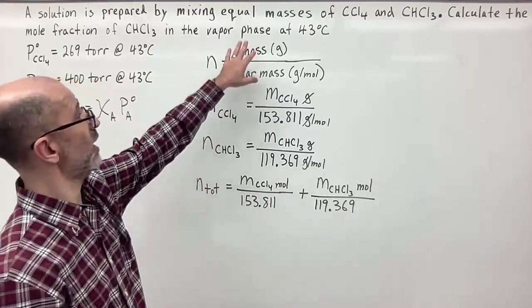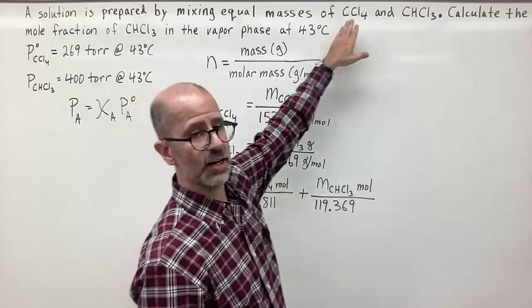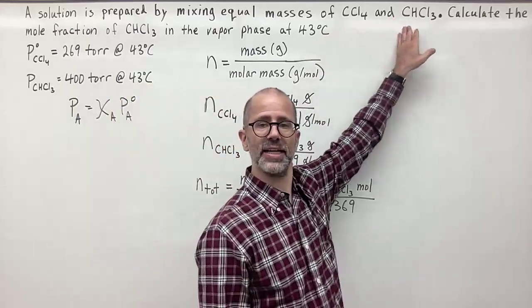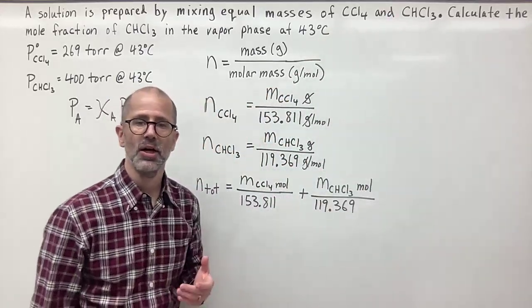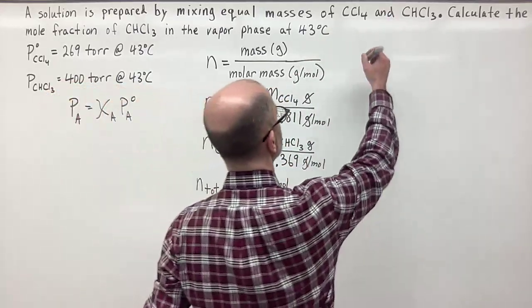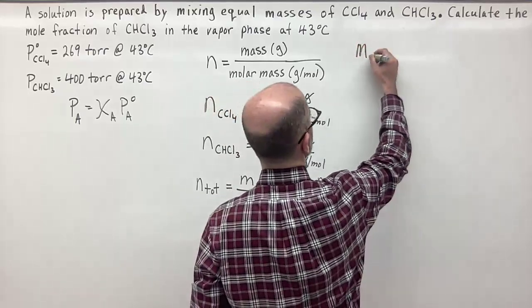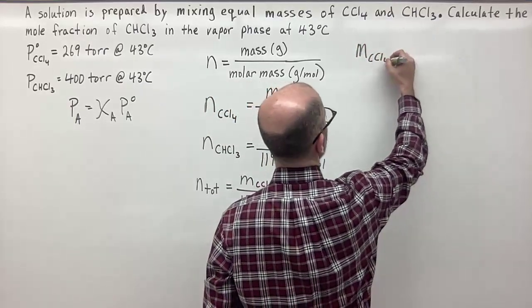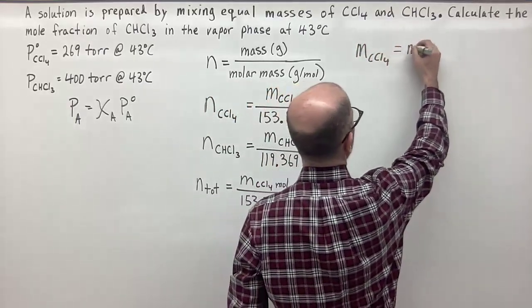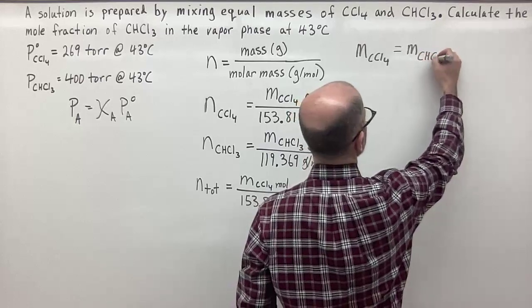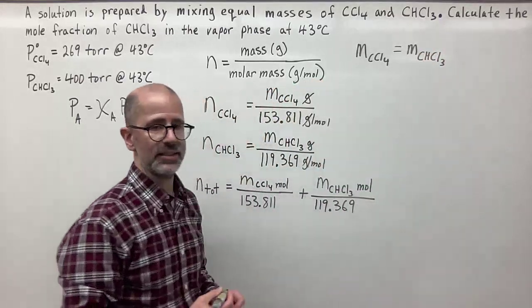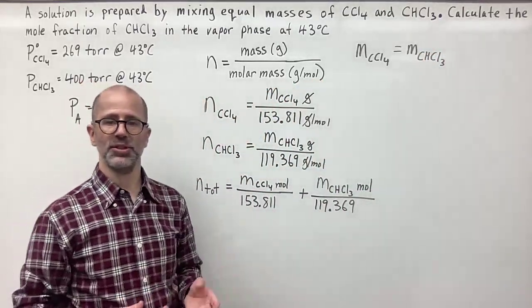And this is where the fact that the masses of CCl4 and CHCl3 are equal comes in. So let's write that out. The mass of CCl4 is equal to the mass of CHCl3. Well, if that's the case, then we can substitute.